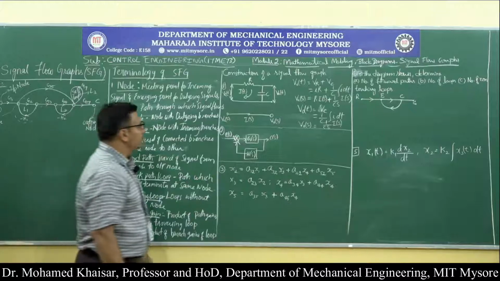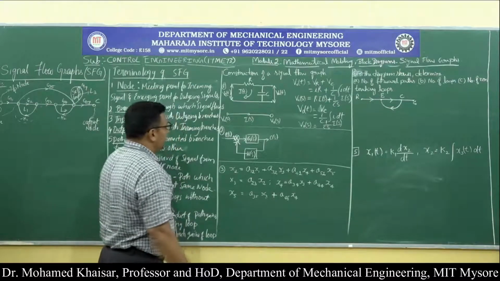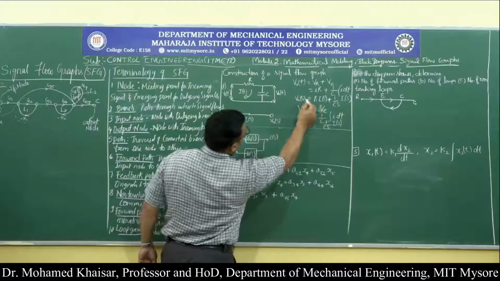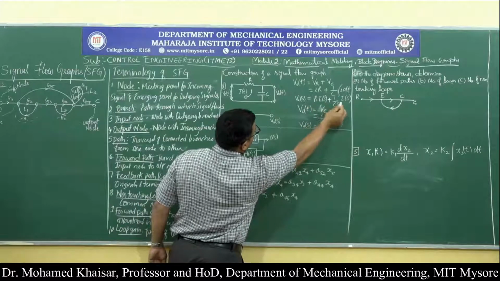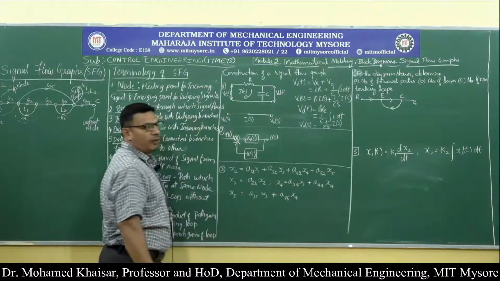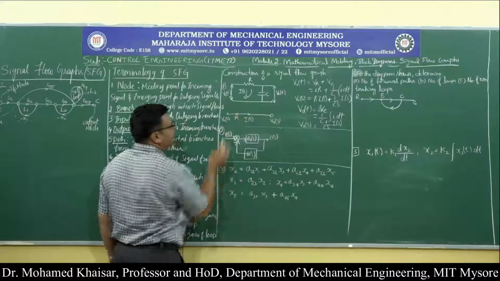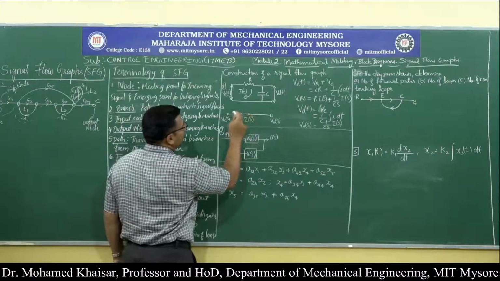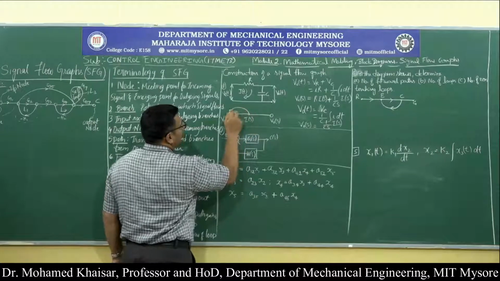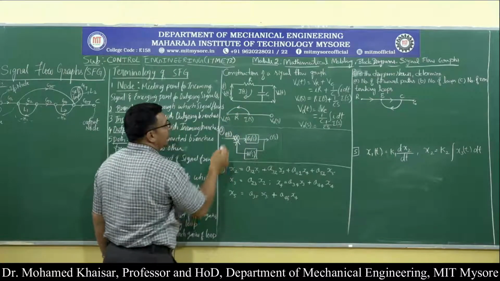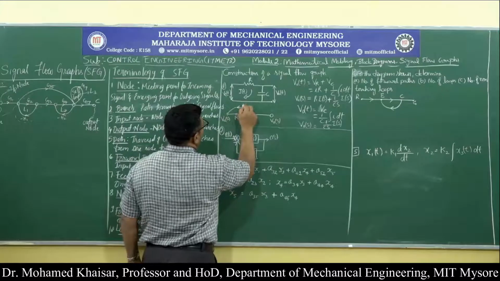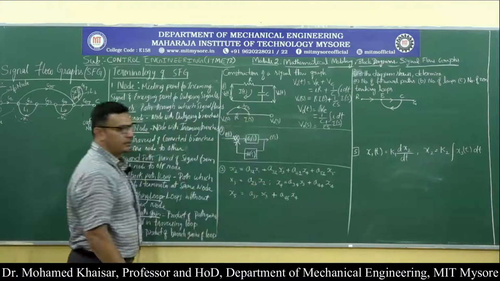Now if you observe over here, what is Vi? As you can see, R into I of S plus 1 by Cs. So if resistance is one branch, then capacitance is on the other, so I will write 1 by Cs.